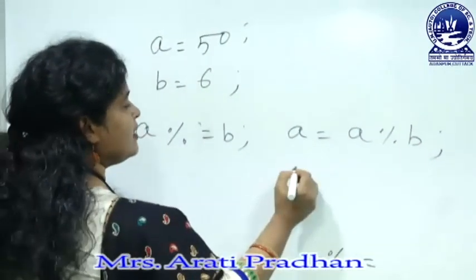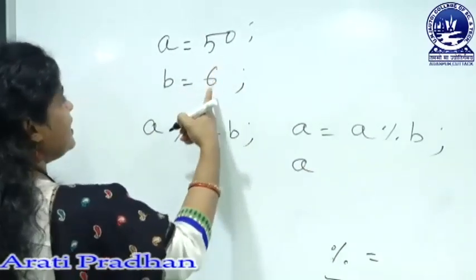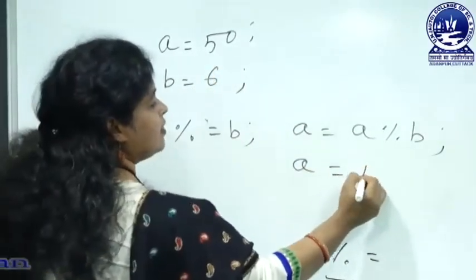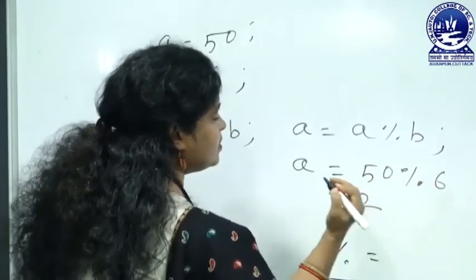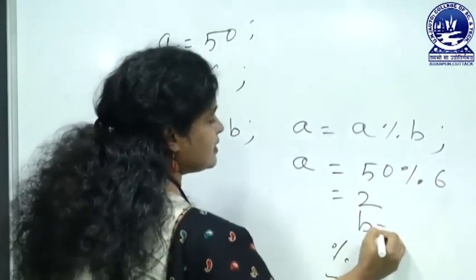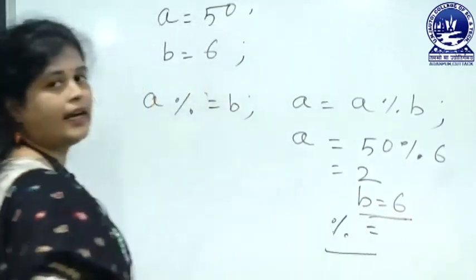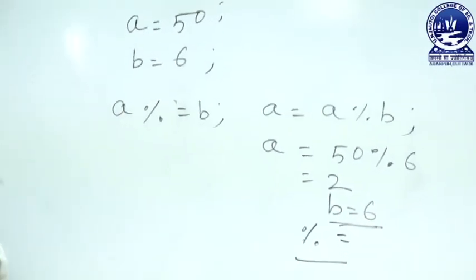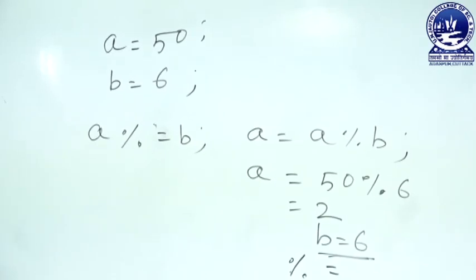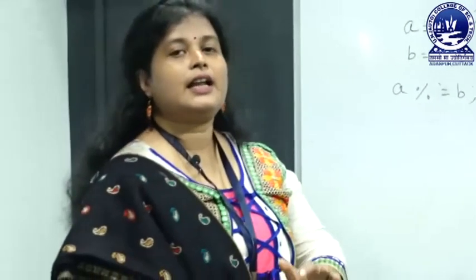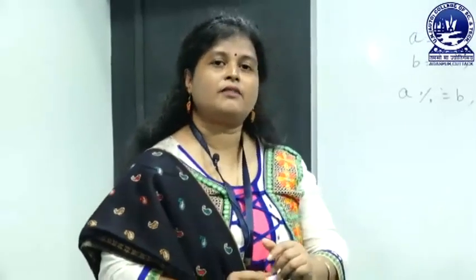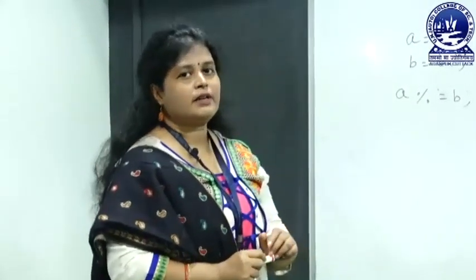It means that now the a will contain 50 modulus 6 equal to 2 and b contains as usual 6. I hope you have understood this, and if you have any doubt, then please write to us so that we can clear your doubt.